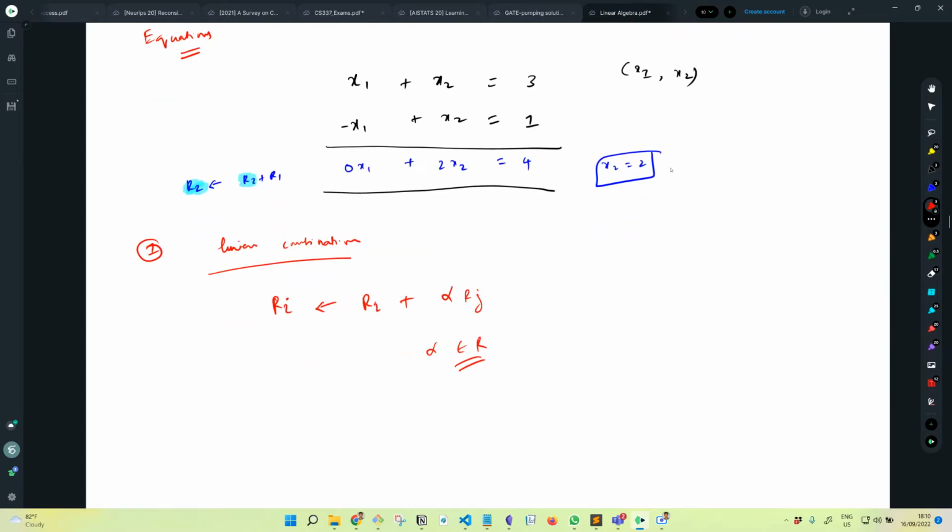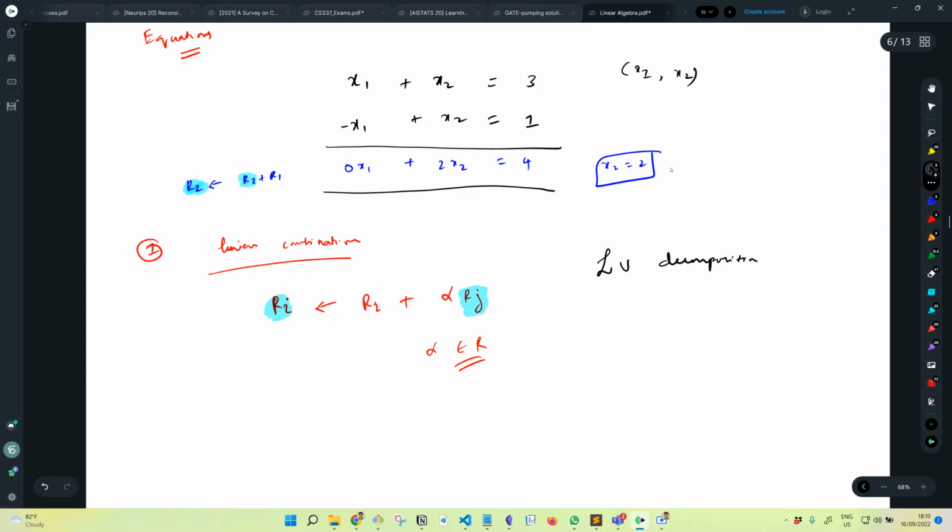One thing you notice here: if you are taking a row Ri, let's stick to this notation, that the scalar multiple will be attached only to Rj. Why I do this will be clear to you later. Going forward in the class, we will see something called LU decomposition.